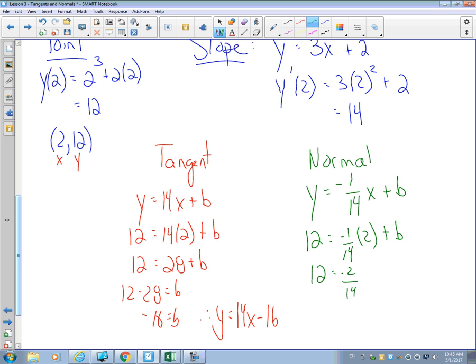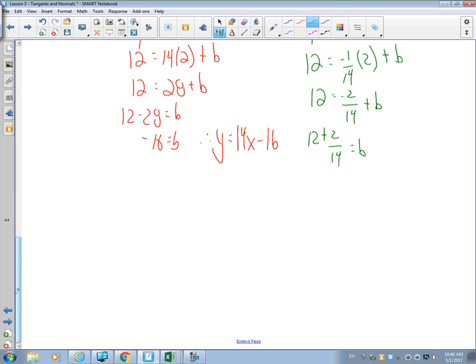Negative 2 over 14 plus b. 12 plus 2 over 14 is b. And I use the fraction button on my calculator. It's going to reduce it. It's going to make it a 7th. Okay, but I get 85 over 7 is b. Therefore, my tangent, or sorry, my normal is negative 1/14 x plus 85 over 7.